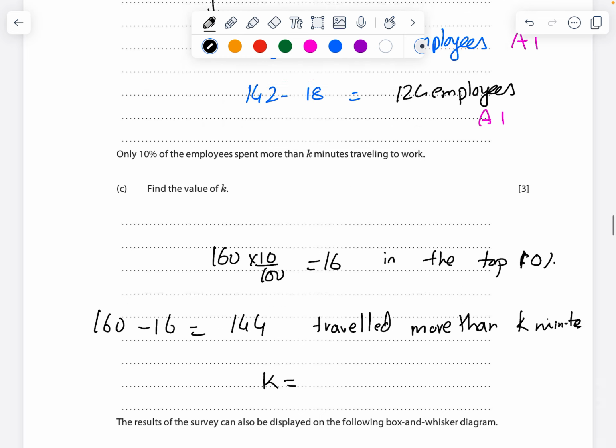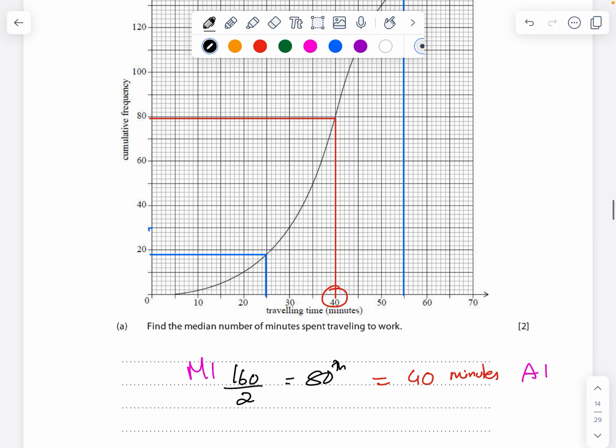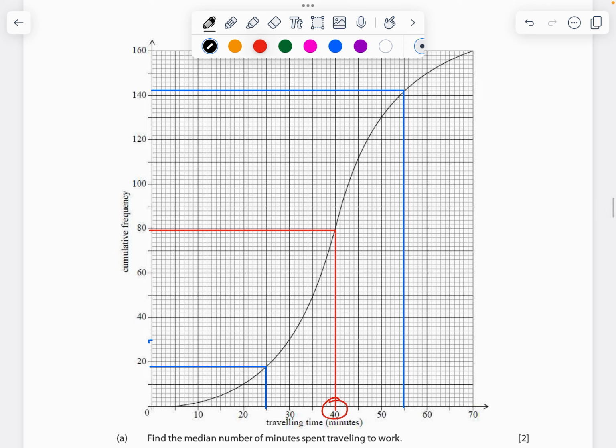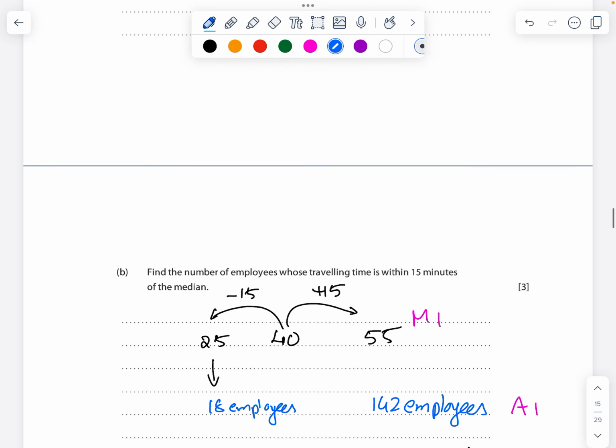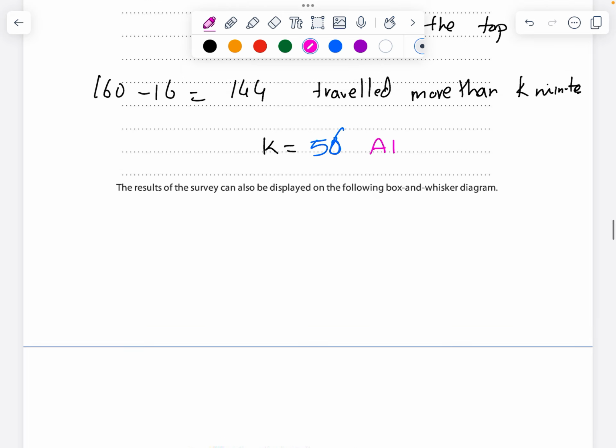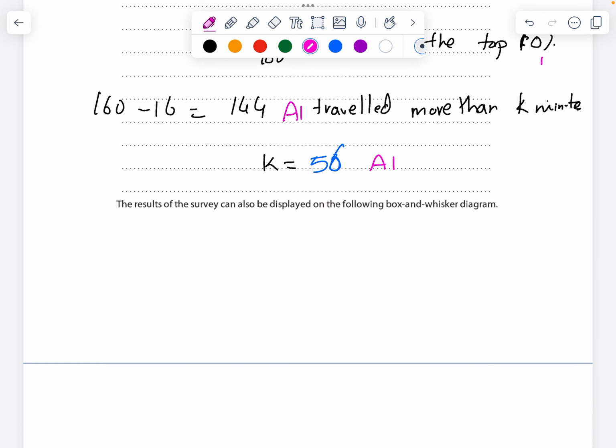So from 144 employees, draw it out and bring it down, it's going to be 56. That's going to be my accuracy 1 mark, and for getting this one is another A1 and M1.